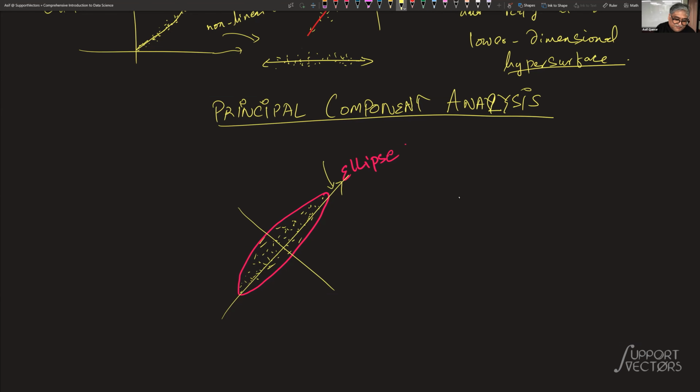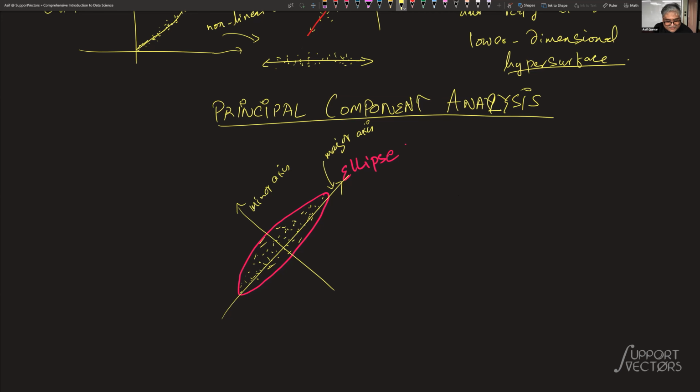We call this the major axis, this the minor axis. Make sense? Do we remember this in coordinate geometry way back in high school? You must have done this, major and minor axis of an ellipse.